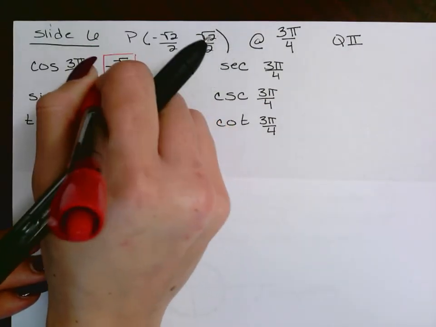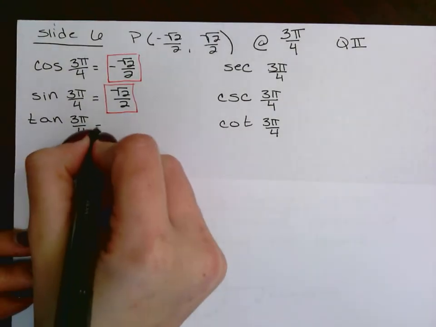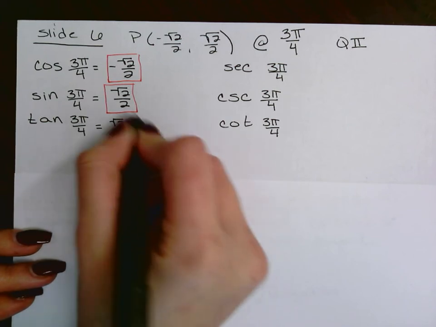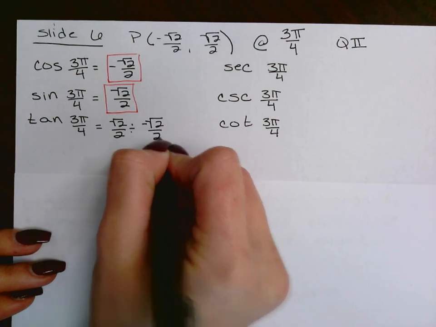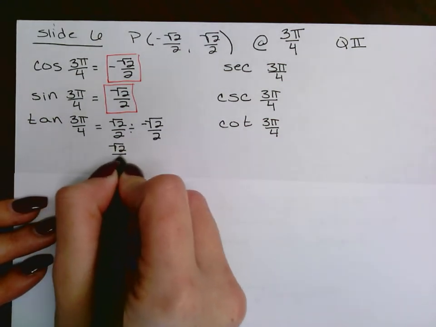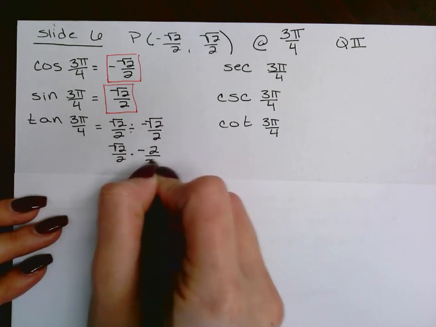What is the rule for tangent? Right. So I'm going to say sine, which is radical 2 over 2, divided by cosine, which is negative radical 2 over 2. When I divide fractions, I keep, change, and flip.